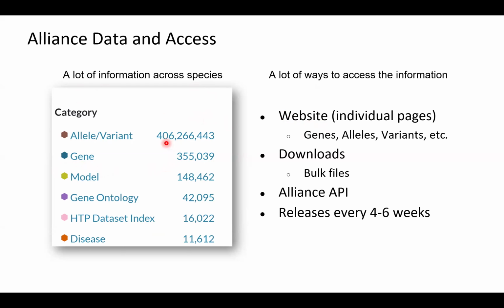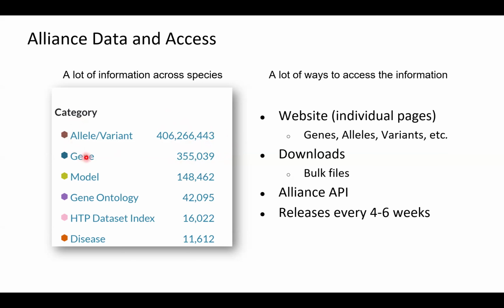So we've made the decision at the Alliance to only bring in ones that have some function. And so RGD is donating all of our ClinVar variant annotations to the Alliance, and those, I'm not sure when they'll be up, but they'll be up really soon. So keep an eye on it. There's still about 40 million, I think, in here, but between the time I made this slide, that changed.